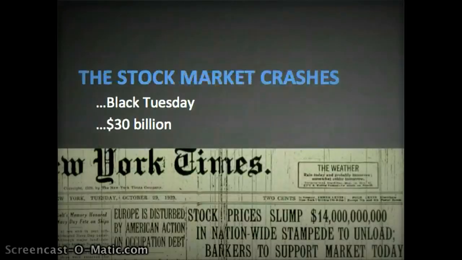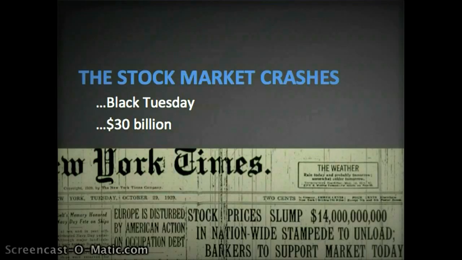All of these problems finally boil over at the end of 1929. It actually started a little bit earlier, at the beginning of September in 1929. Stock prices peaked, they were at their highest levels, and then fell abruptly. As a result, a number of investors sold their stocks, worrying that they were going to be losing even more money. But the stock market maintained and held for a little over a month, about a month and a half.